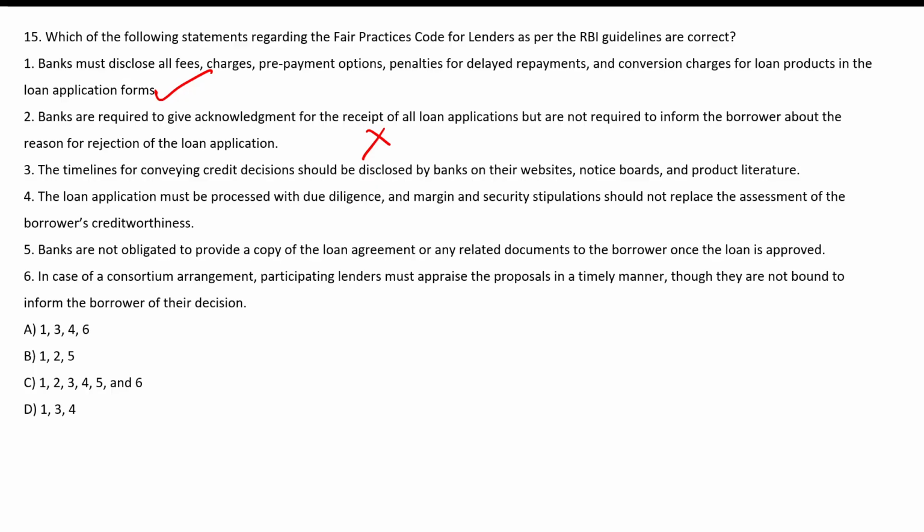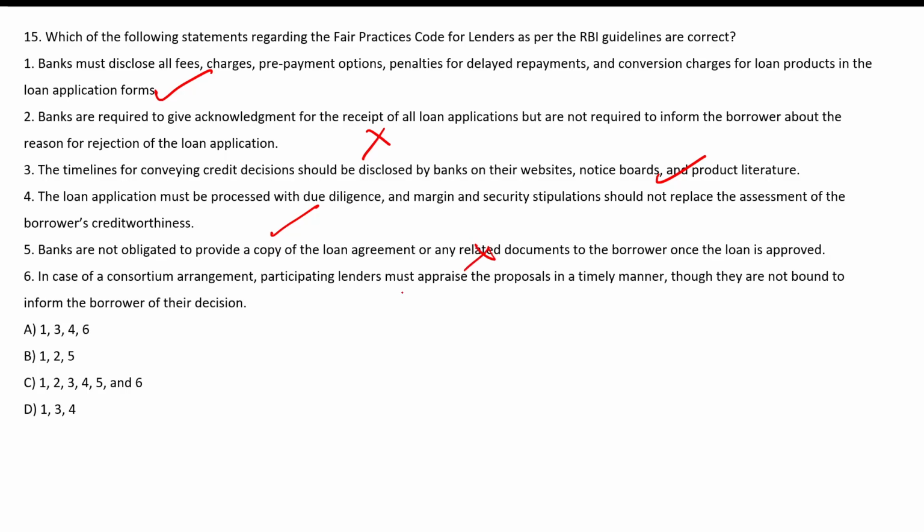The timeline for conveying credit decisions should be disclosed by bank on their website, notice board, and product literature. So this is correct. Loan application must be processed with due diligence and margin and security stipulation should not replace the assessment of the borrower's creditworthiness. This is also correct. Banks are not obligated to provide a copy of loan agreement. They are obligated.